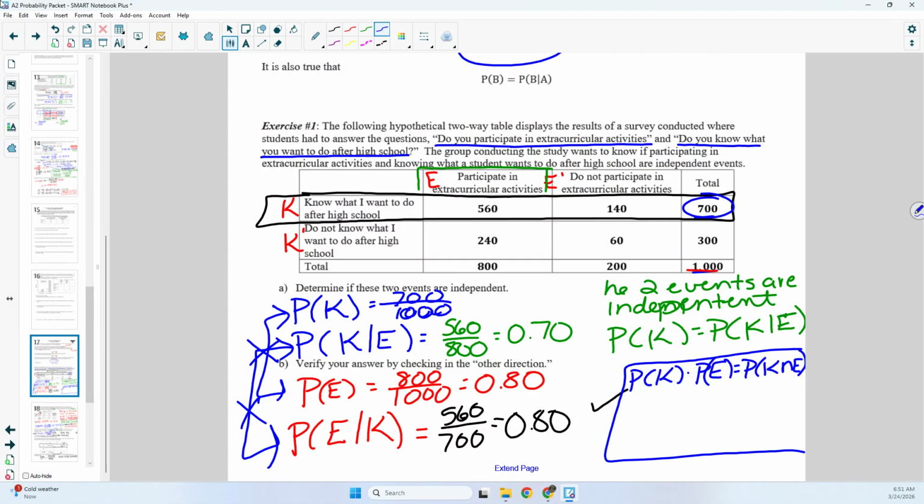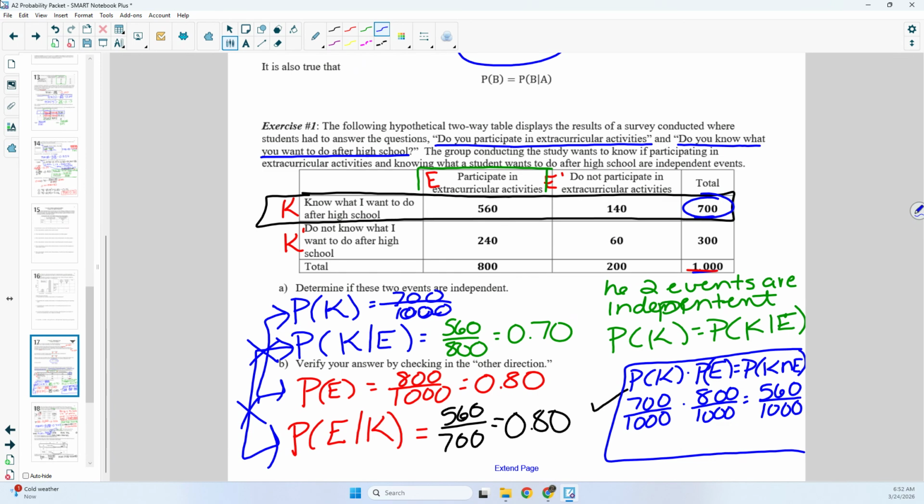That worked before because the other table had probabilities in it. That's 700 over 1,000. P of E is 800 over 1,000. And P of K and E is 560 over 1,000.